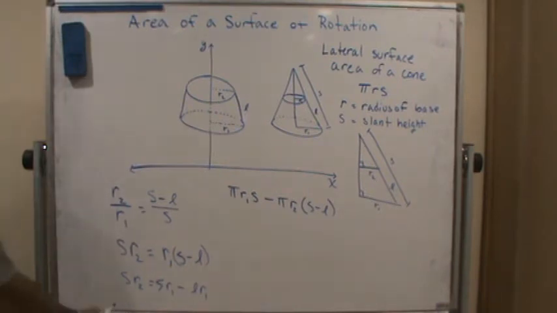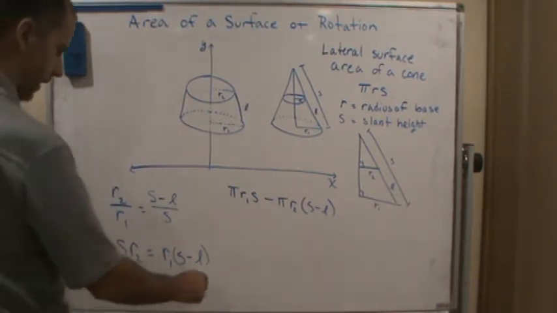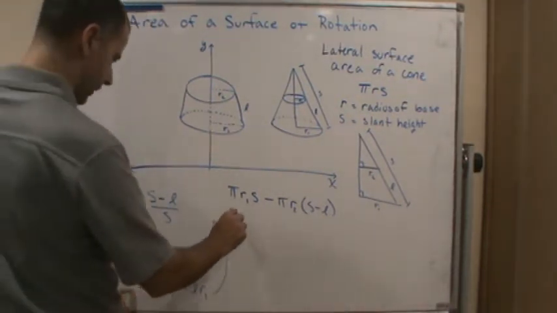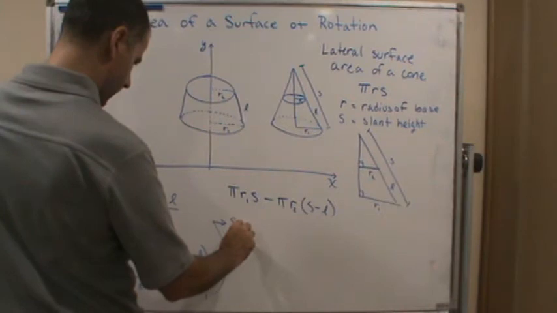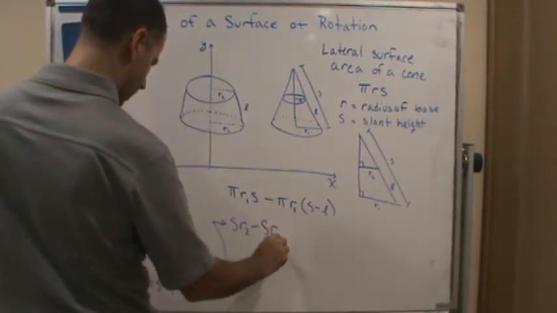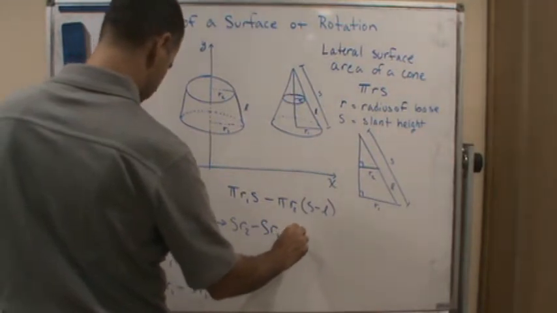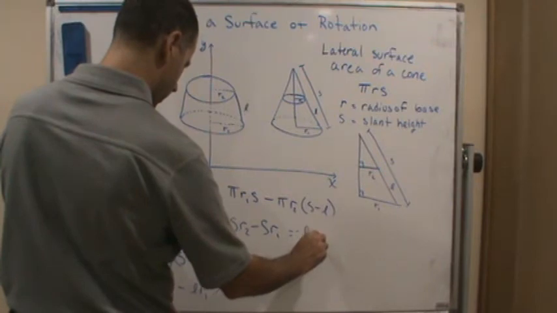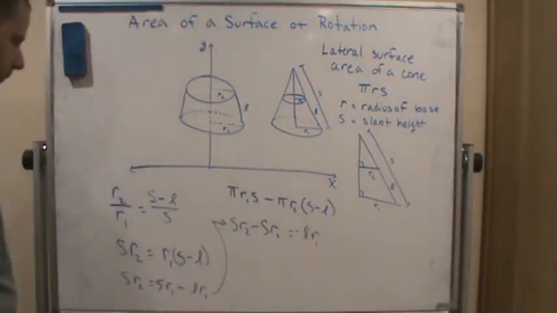Now I'll bring this over to this side: s times r2 minus s times r1 equals negative L r1.